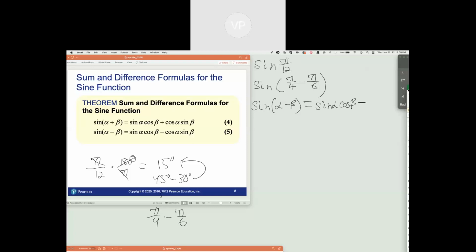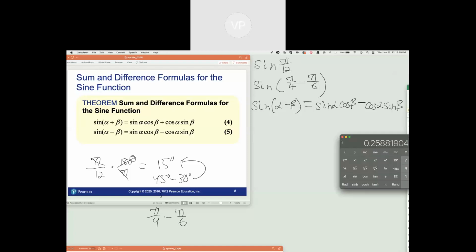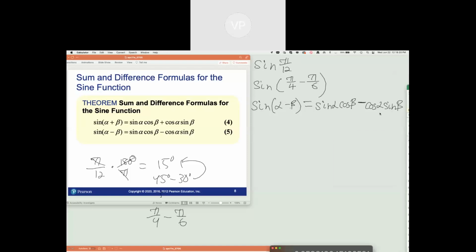And then you do cosine, you flip them. Cosine of the first, sine of the second. Okay, just like the formula there. With me so far? Any questions? I'm using, of course, this formula or theorem number 5 right down here. Identical to what I just wrote.